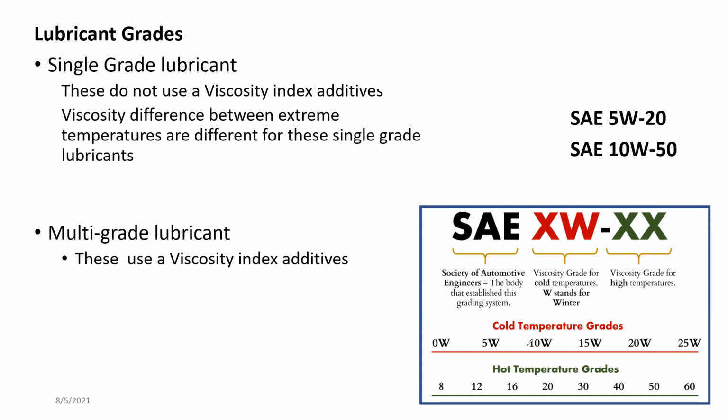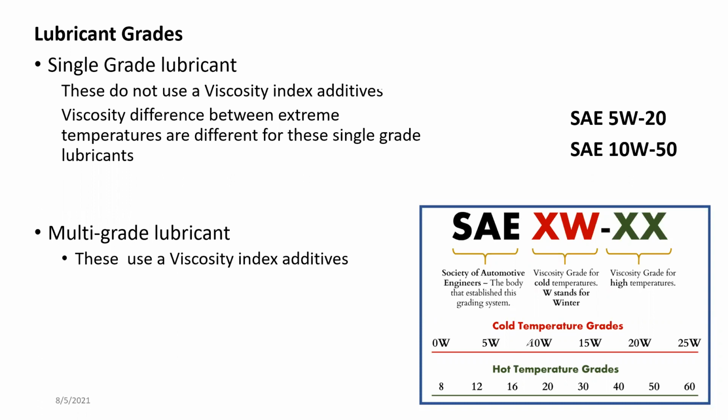But multi-grade lubricants can operate in low temperatures as well as higher temperatures, two different extreme temperatures, without much of a change in viscosity. That's what is being used nowadays. To achieve this multi-grade capability, viscosity index additives are added, and by adding them we have multi-grade lubricants.